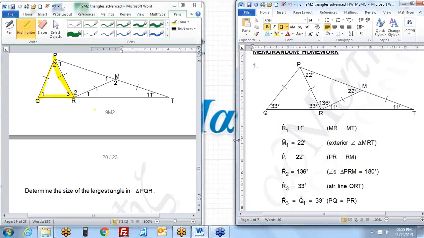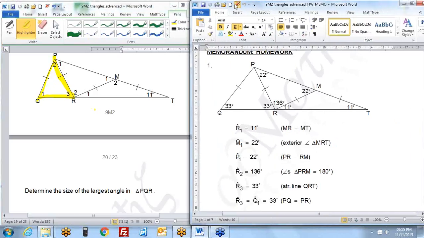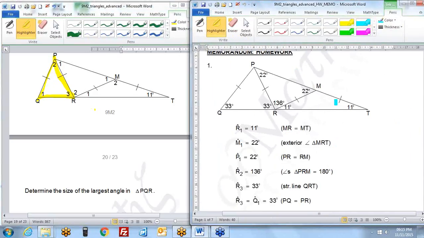So we will do the following. You will say that angle R over here, MRT, or in other words, R1, angle R1 equals 11 degrees because MR equals MT. Then we'll say angle M1 equals 22 degrees because it's the exterior angle of triangle MRT, where you have to add R1, angle R1 plus angle T. So it's 11 degrees plus 11 degrees gives you 22 degrees.